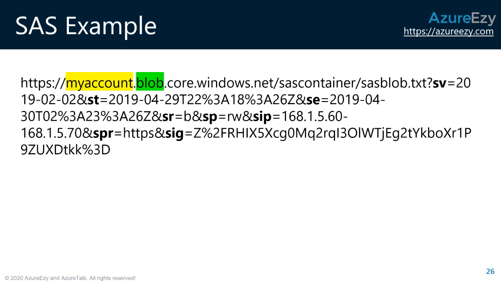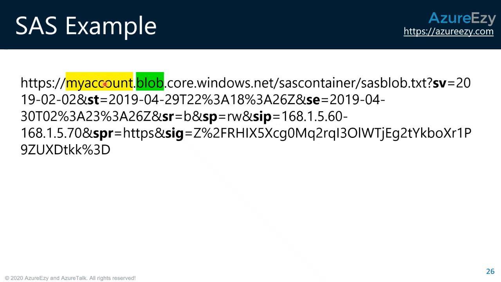Once you generate the SAS, how does it actually look? This is one example. Here, if you see, it begins with HTTP or HTTPS, whichever you are using. Then your storage account name.